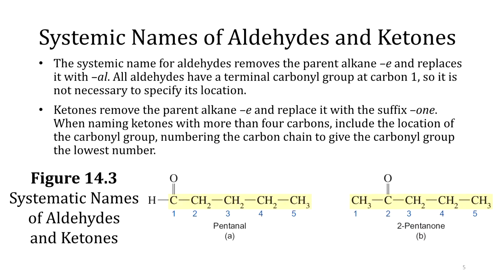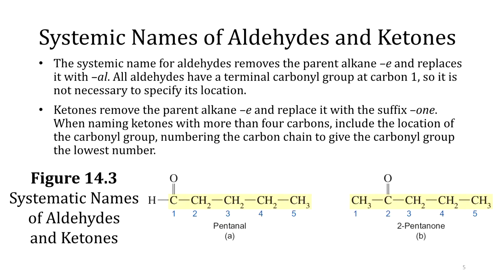Ketones are named similarly, removing the parent alkane E and replacing it with the suffix ONE. But with ketones, we need to be more careful because we have to specify the location of the carbon-oxygen double bond.